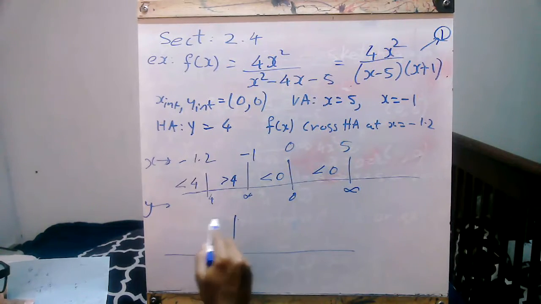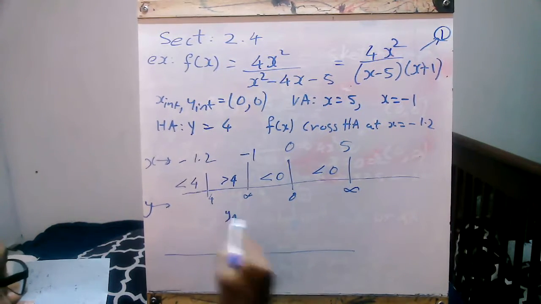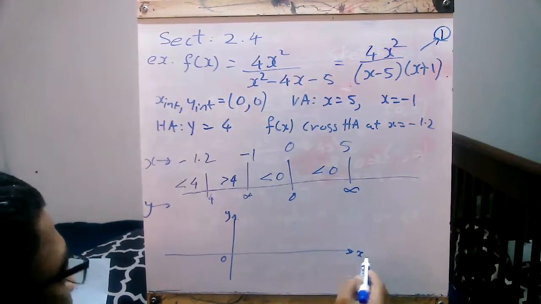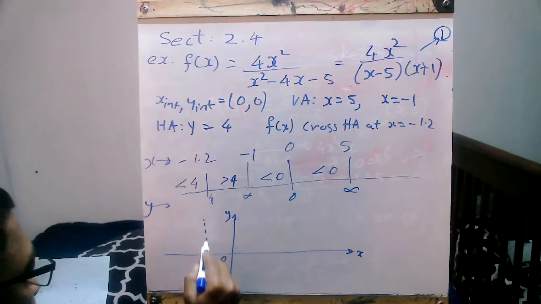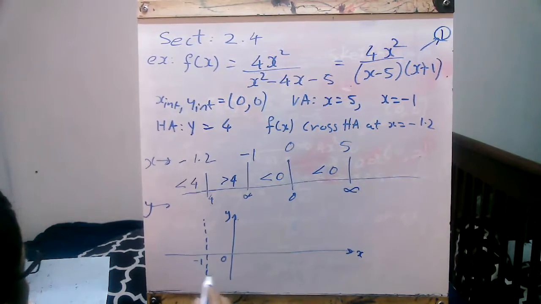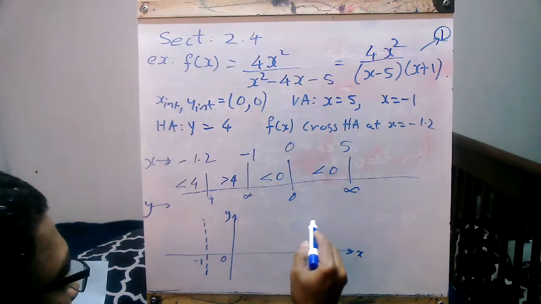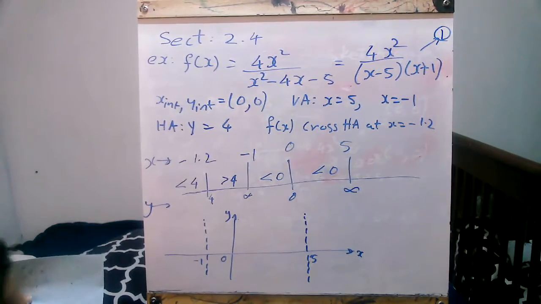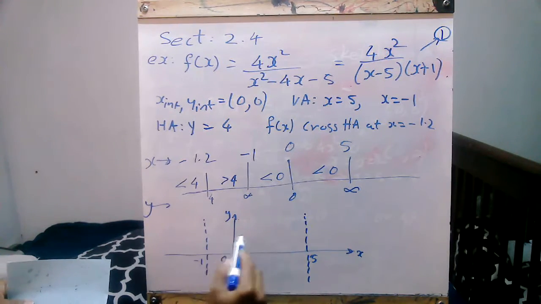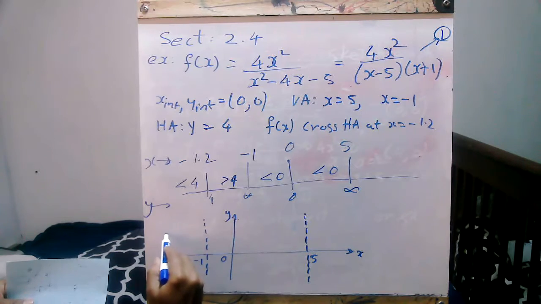Negative 1 and 5. This is x. We have vertical asymptotes. We have a horizontal asymptote at y equals 4.